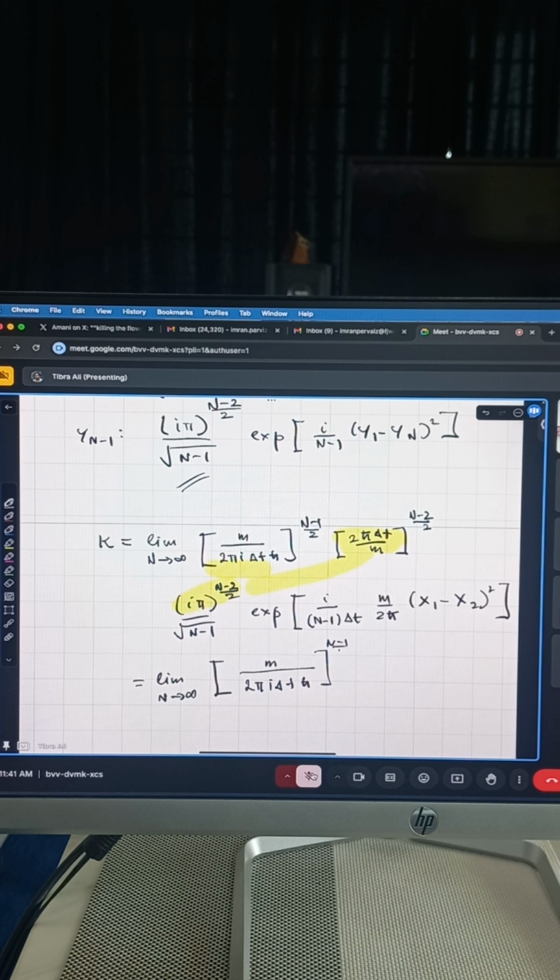And here in the exponential, we see that n minus 1 times delta t is actually the total time interval.